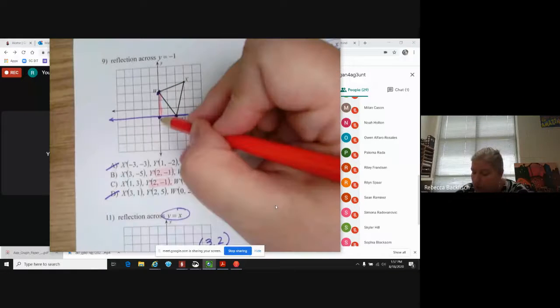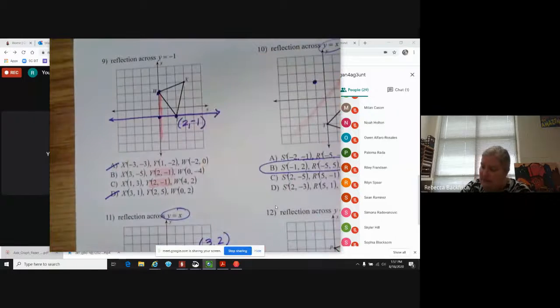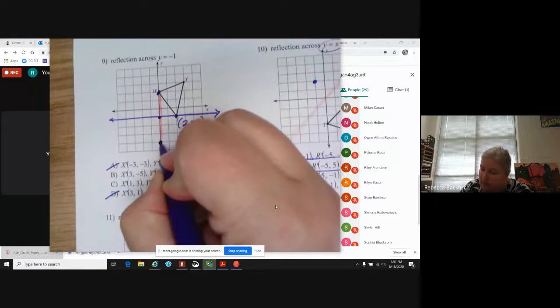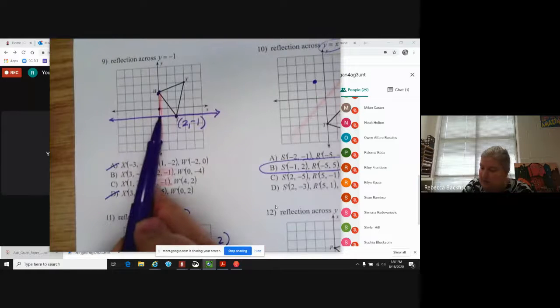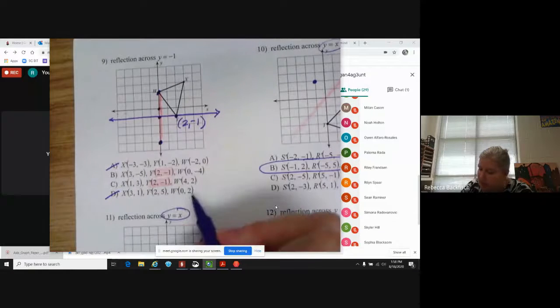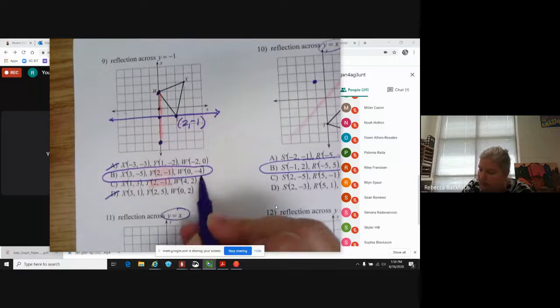So I'm going to go 1, 2, 3 boxes below the line, and this is where W will go. Now I have to remember there's the origin, not here, it's up there. So I'm going to go down. This is 0, 1, 2, 3, 4. (0, -4) is my right answer for W. That one right there.